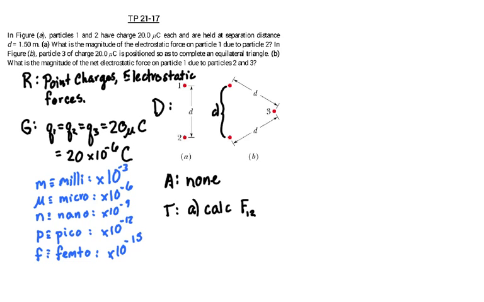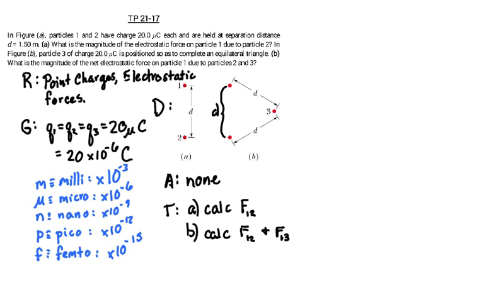And then as we get into part B, calculate the net force on particle 1. That means we need to calculate F sub 1,2, or the electrostatic force on particle 1 due to particle 2, and the electrostatic force on particle 1 due to particle 3.